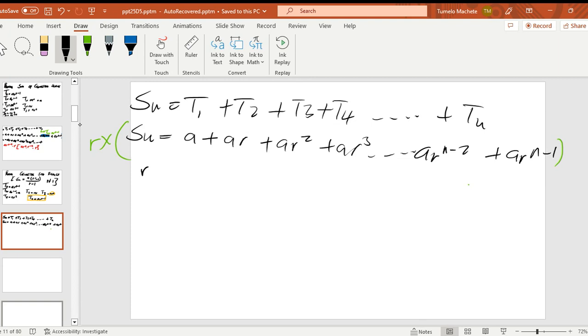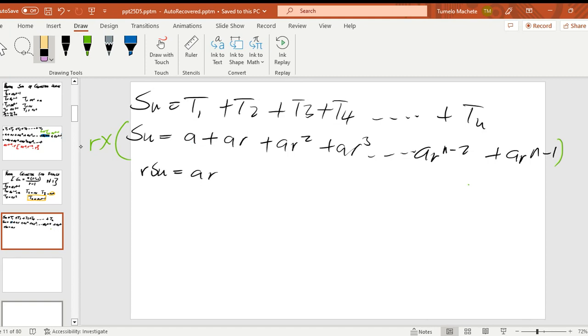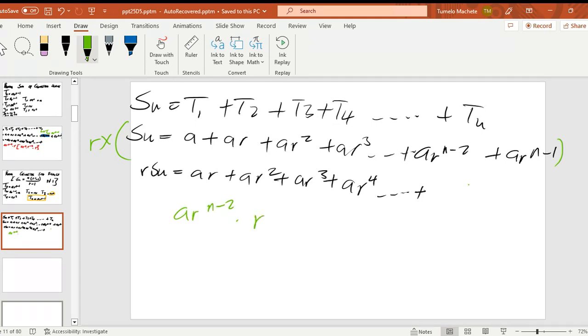So I'll get rSn equals Ar. When I multiply the first term, which is your A, by r, I'll get Ar. Okay, then the second term is Ar squared, Ar cubed plus Ar to the power 4. Then put those dots plus. Okay, let me write this one on the side. So we're going to have Ar^(n-2) times r.